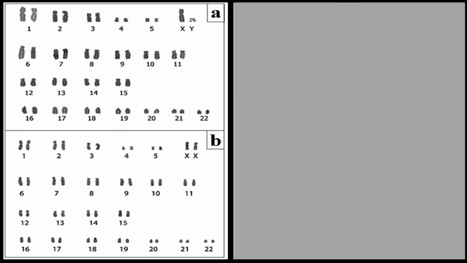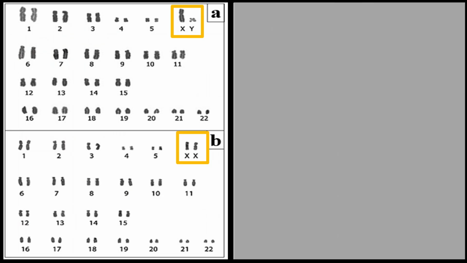So let's start with A. To identify the gender or the sex of a person, you have to go to position number 23 by observing or studying the karyotype of the person. So at pair 23, you would observe that it has been given to you already in the question.